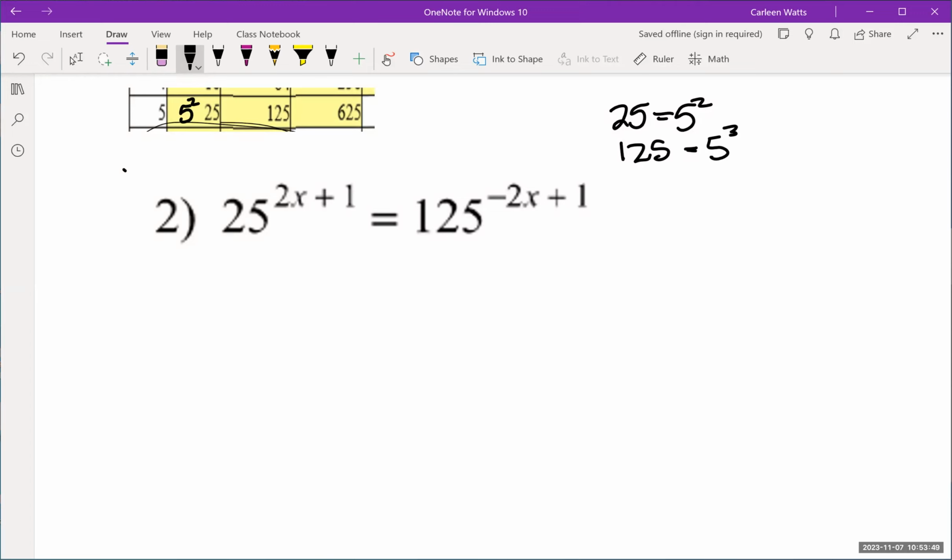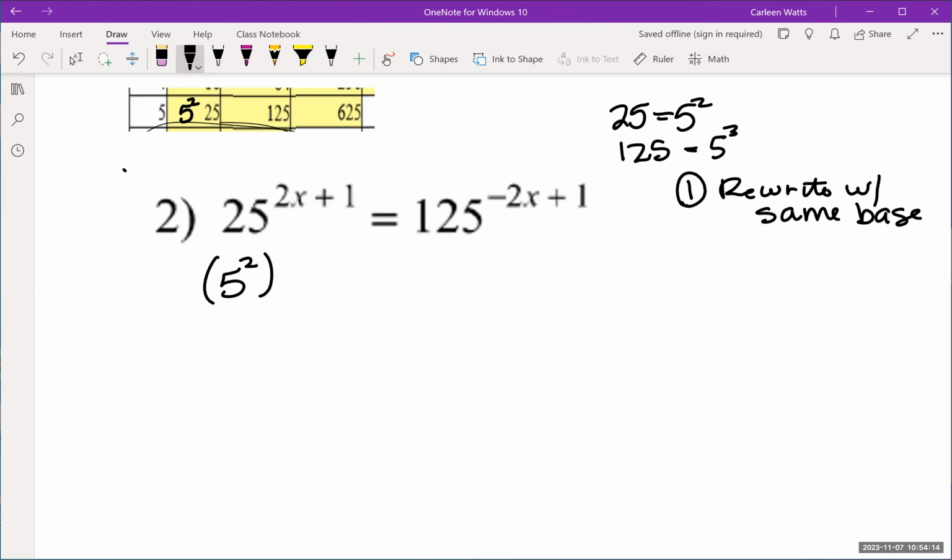So we're going to rewrite with the same base. Rewrite with the same base. Okay, so 25, I rewrite as 5 squared. And 125, I rewrite as 5 to the third power.